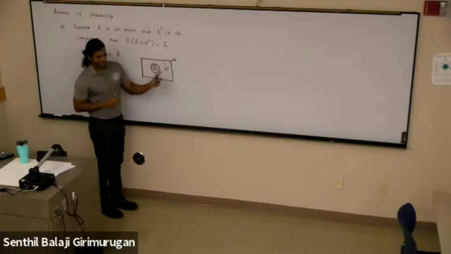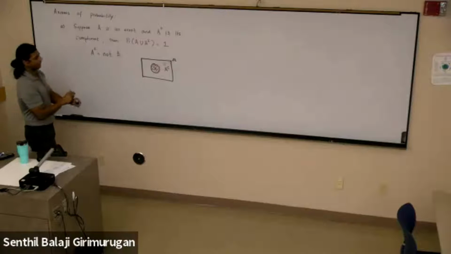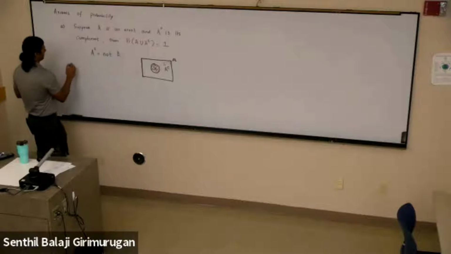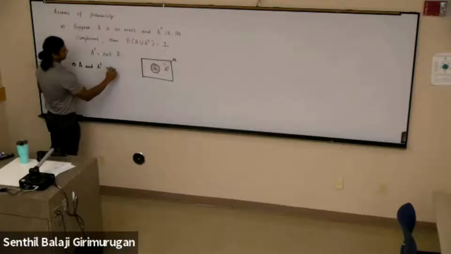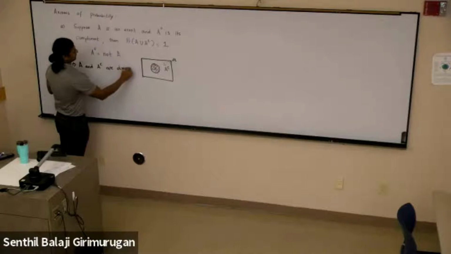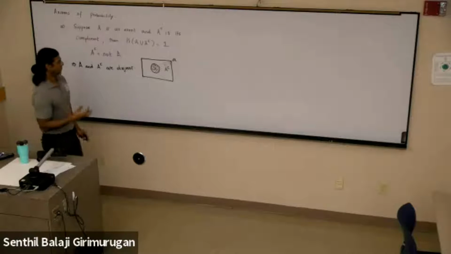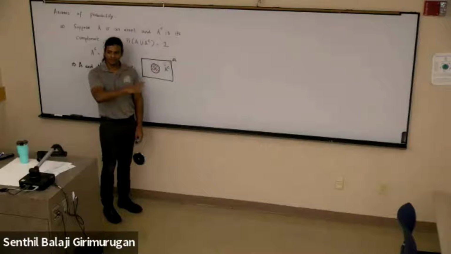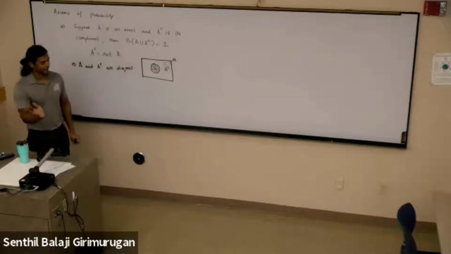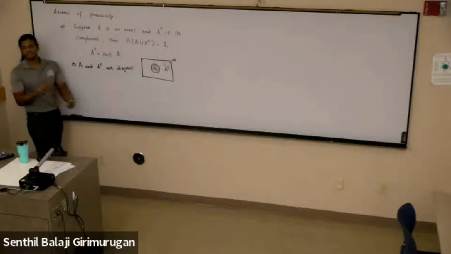Clearly, A and A complement are disjoint, right? Disjoint in the sense that there is no overlap. Another phrase we use to describe disjoint events: if I look at A, then you're excluding all of A complement, and if you're looking at A complement, you are excluding all of A. If you put them together simultaneously, they can't both exist at the same time.